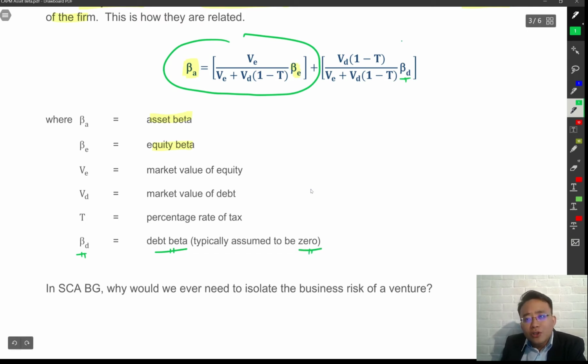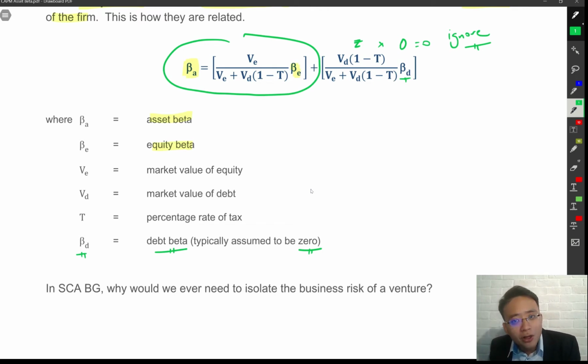And people, if I assume this to be 0, whatever this is, let's just call it Z. Whatever this works out to be, multiplied by 0 equals 0. In other words, I now have the license to ignore this part of the formula. Okay? So debt beta, we usually assume it is 0. Is it 0 in real life? No, it is not. But in our syllabus, we assume it to be so. Alright? So no complaints about that.